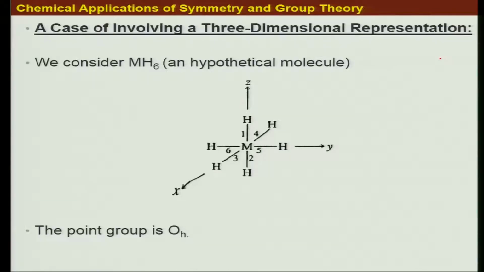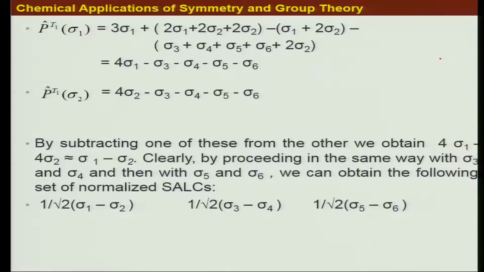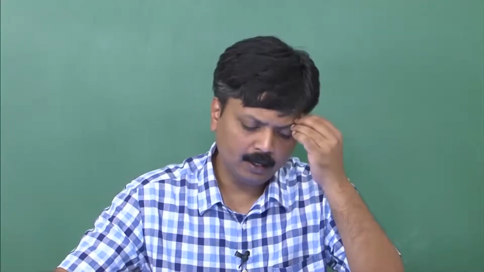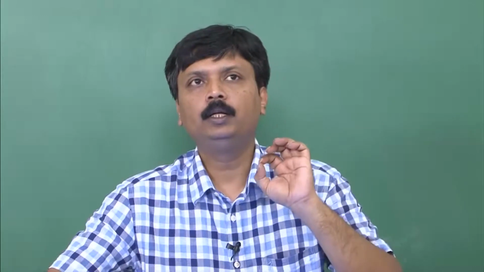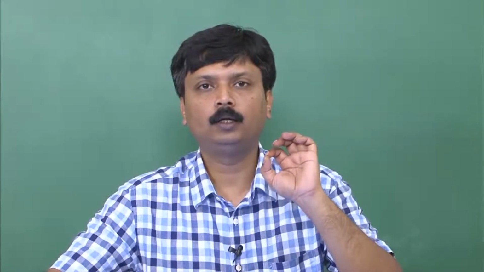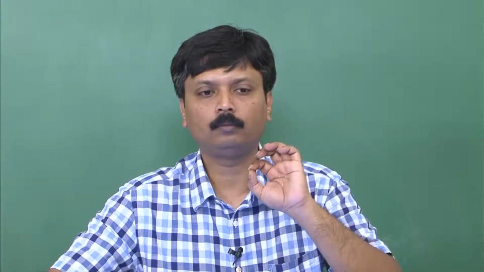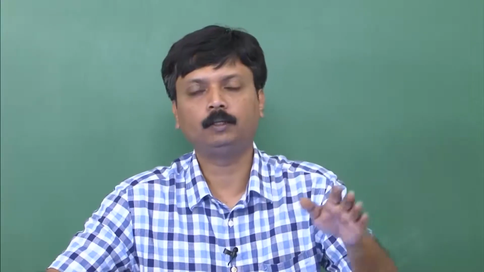So after finding the point group to be octahedral, or Oh, what do we need to do? We need to form the representation. After you get the representation, you reduce it. One important thing to note is that you don't really need to consider all 48 operations.